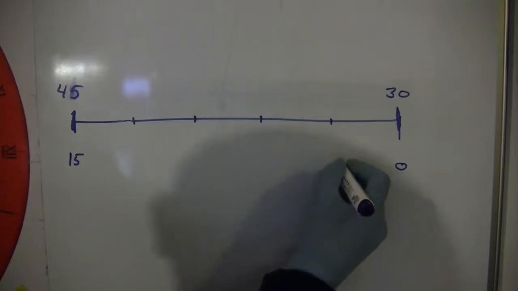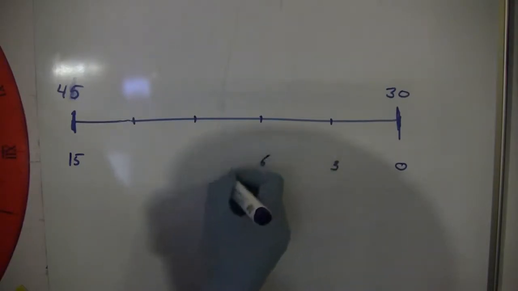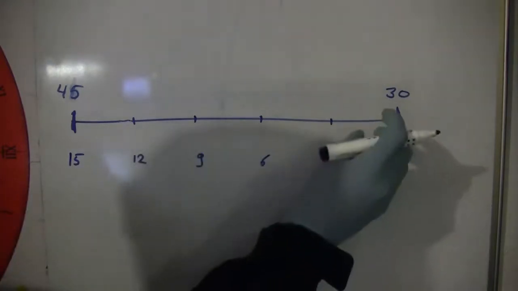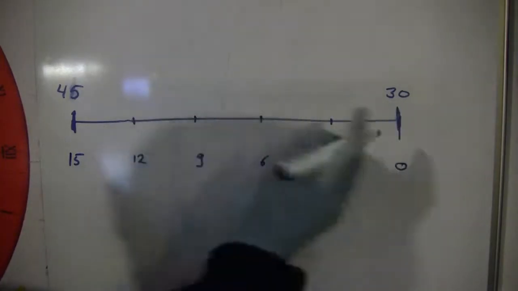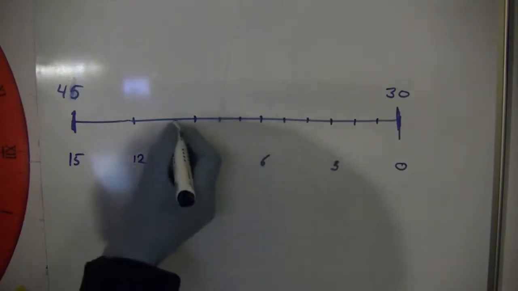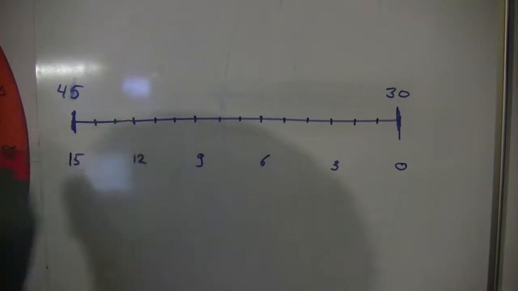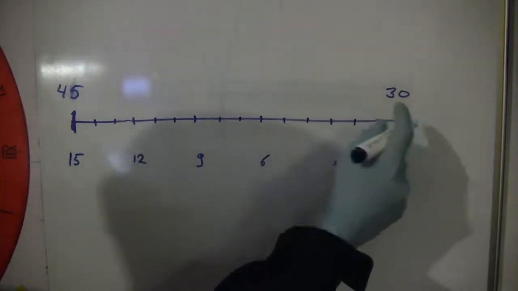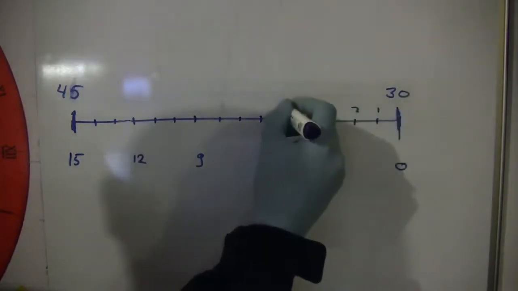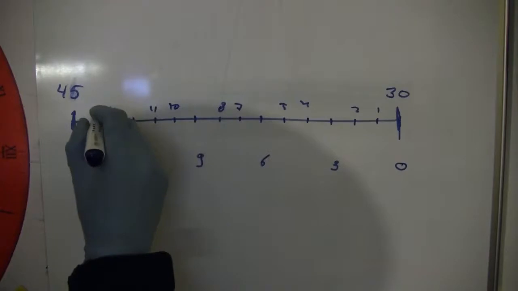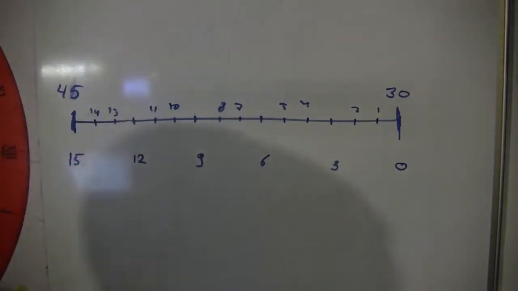It means this one is 3, 6, 9 and 12. So if I divide each piece in three equal size pieces, I'll get a pretty accurate measurement. So this one will be 1, 2, 4, 5, 7, 8, 10, 11, 13 and 14. That's the way we're going to do it on a piece of paper. I'll show you.